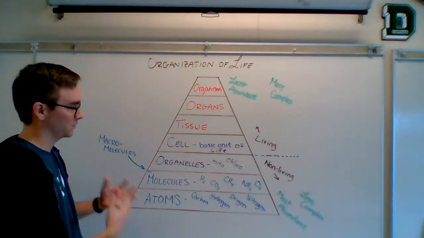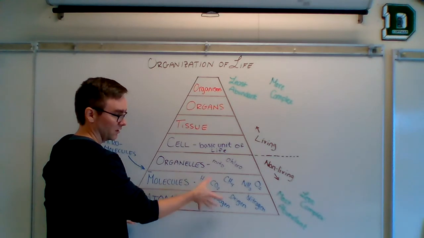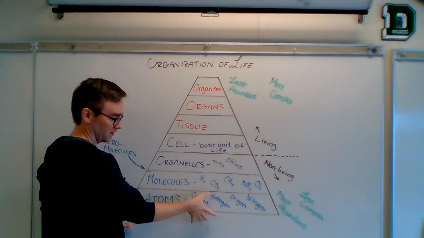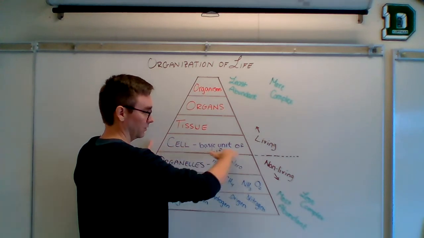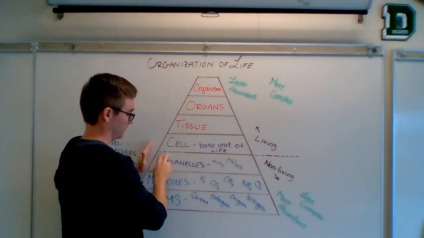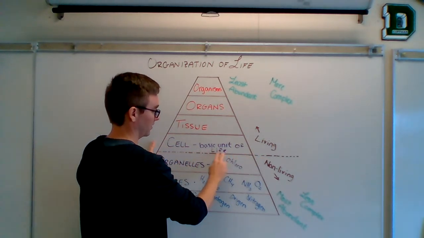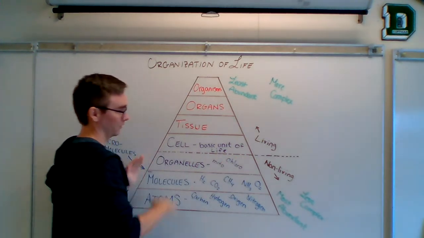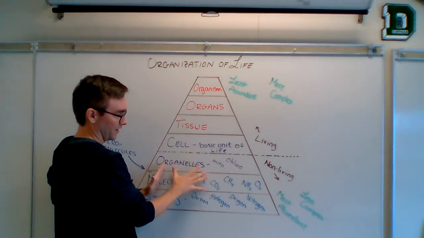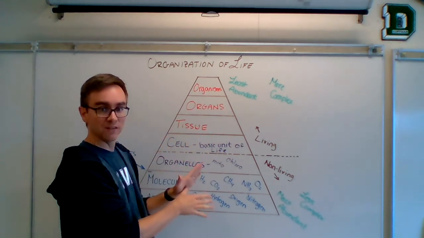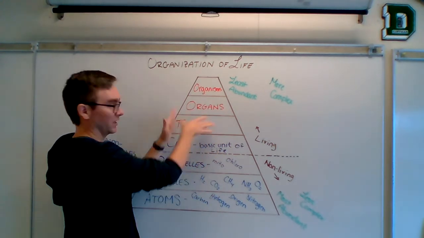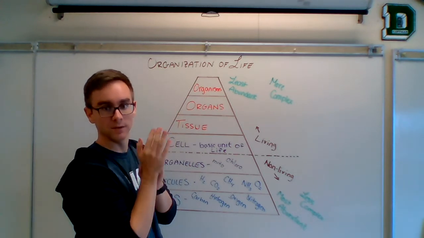The whole idea is about starting with very basic, less complex, very abundant atoms and building something. Eventually we hit that level where we go from non-living to living. We go from these non-living organelles working together to create a living basic unit of life, the cell. And then we start getting more and more complex things as we go on from there.